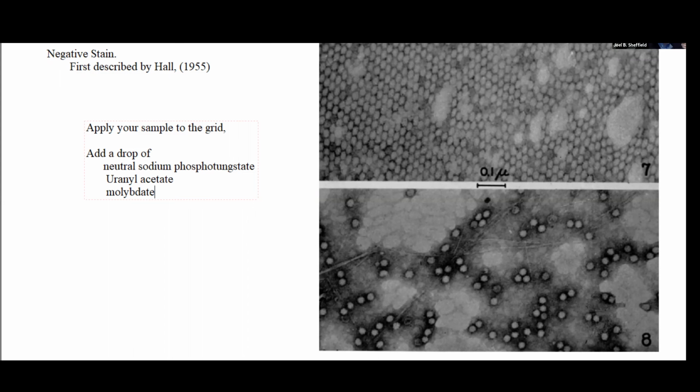For most of the paper, he was looking at stained virus, but then he published these two images at the very end of the paper and said, under certain circumstances, this sodium phosphotungstate, when it's neutral, people had always thought you had to use it as an acid. But if you use it as a neutral, it doesn't get into the sample.